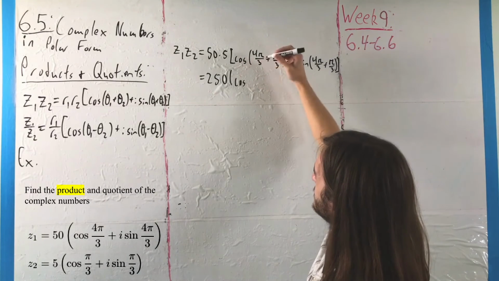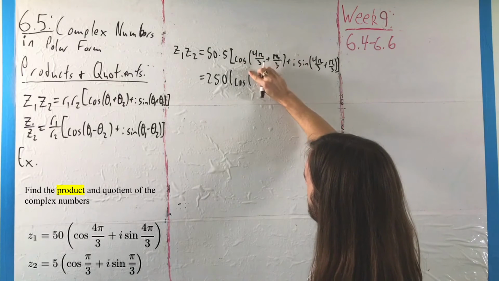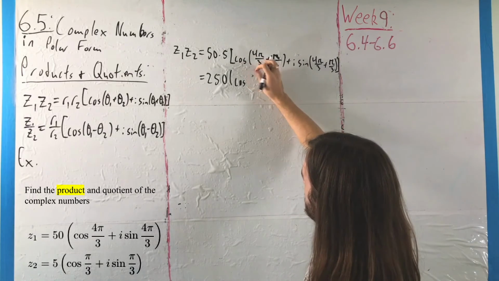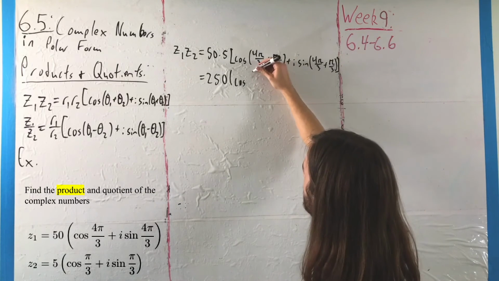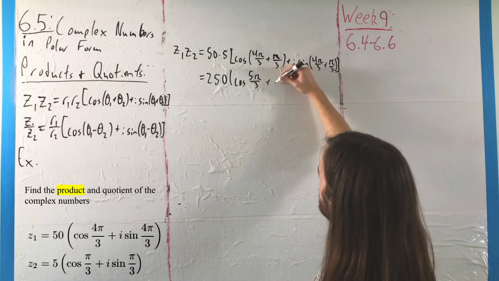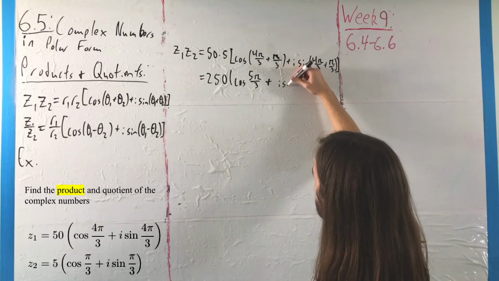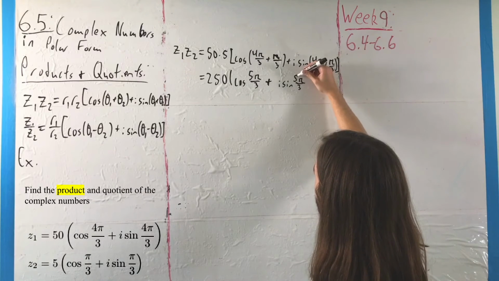Times cosine of what will end up being 4 and 1, so 5 pi over 3, plus i sine of that same value, 5 pi over 3.